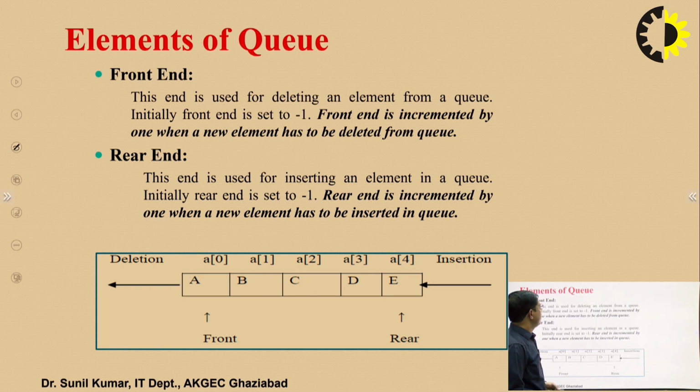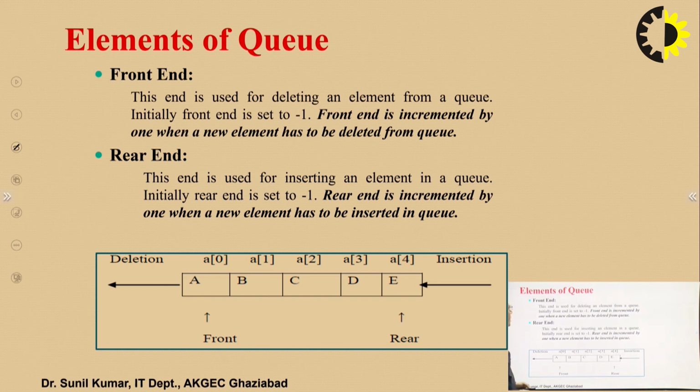Whenever we are deleting an element, that is done from the front end. Initially, this pointer, that is front, is set to -1. That means there is no element. And whenever we are deleting an element, the value of front is incremented by 1.